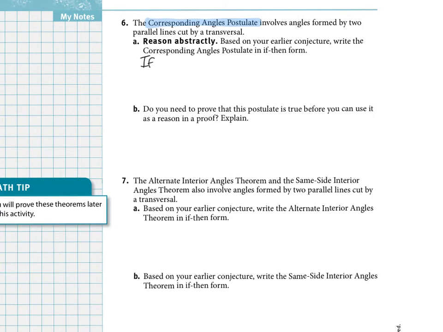So I'm going to say if 2, and instead of writing out the word parallel, I'm going to show you the symbol for that. Do you remember? It's 2 vertical lines just like that. Remember, that's perpendicular. We're going to save that for the future.